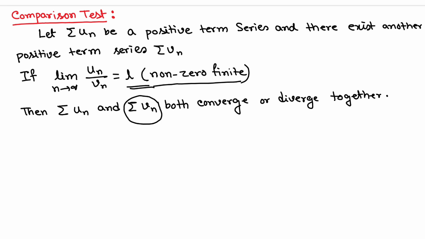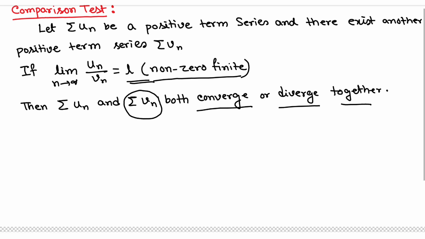Very simple. The convergent or divergent result of vn will be known to you. Clear? That's why I have written that language, that both converge or diverge together.